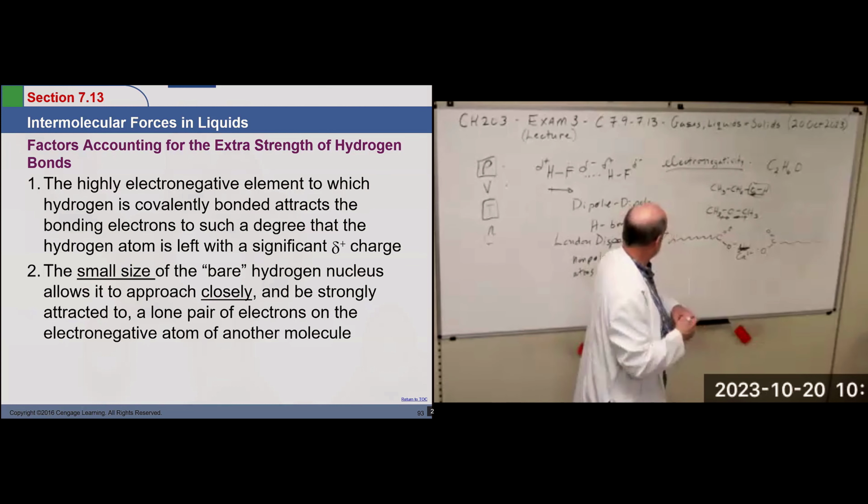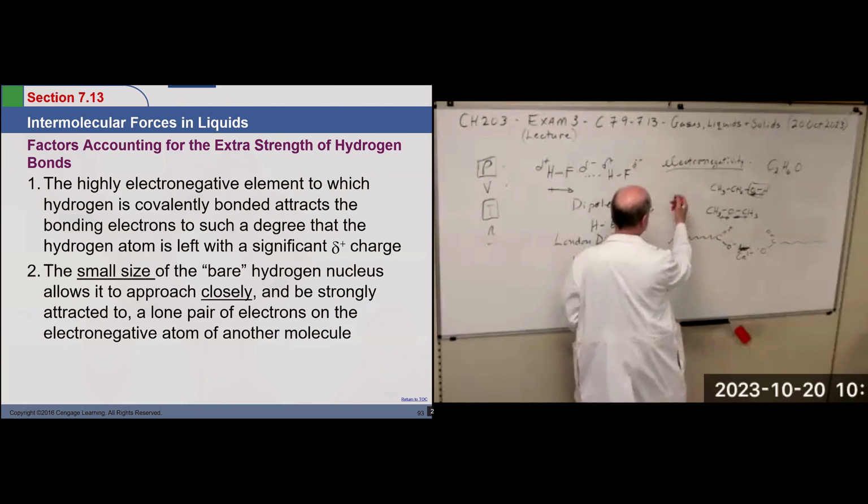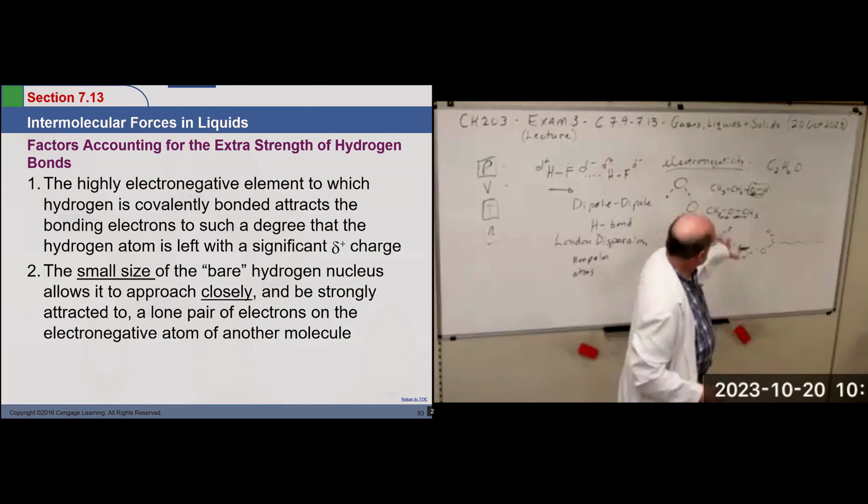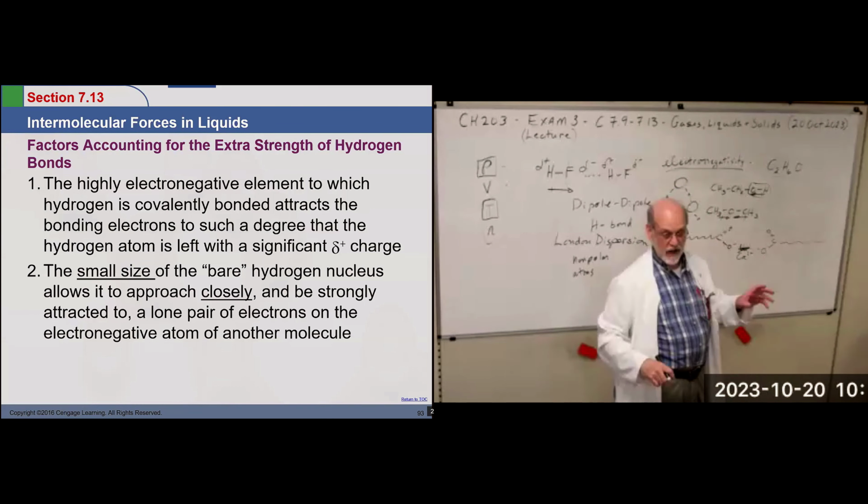If oxygen is this big and hydrogen is like that, if I draw them to scale, then when you get this small hydrogen here and this other big oxygen here, it can get really close to that molecule. If this is big enough to cause a problem, they call it steric hindrance.